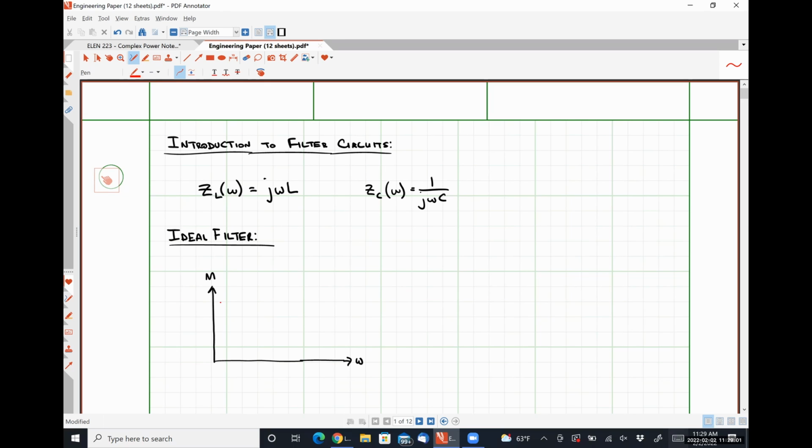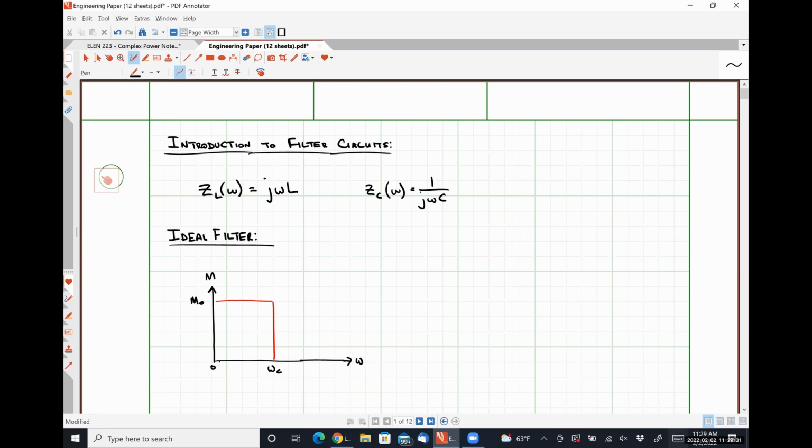Our first filter has a response that looks like this. Our amplitude will have its maximum value so that everything gets passed through until we reach what's called our corner frequency, omega c, okay?